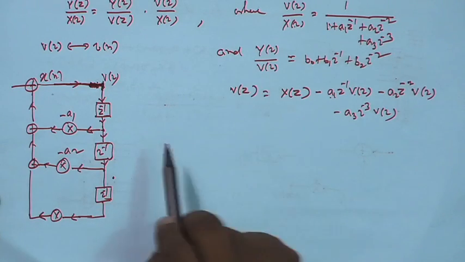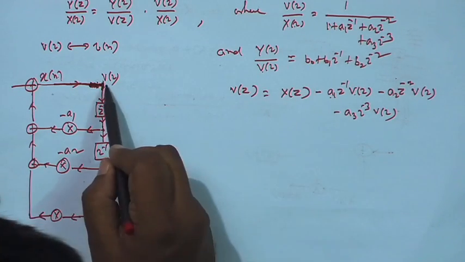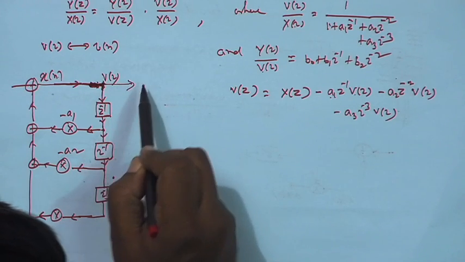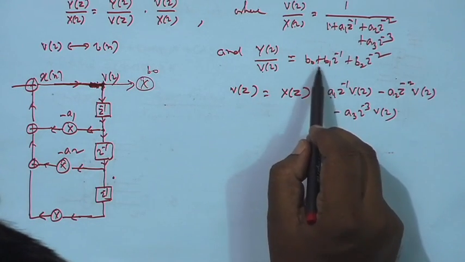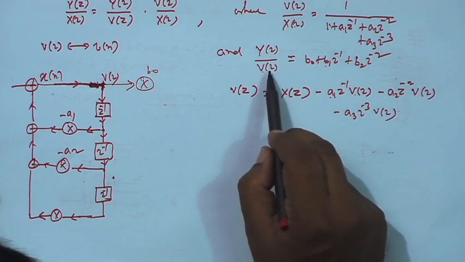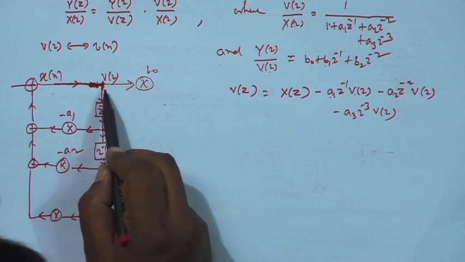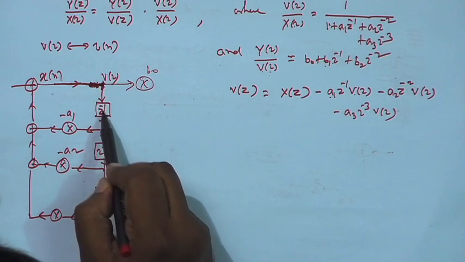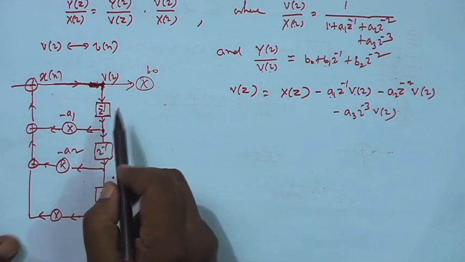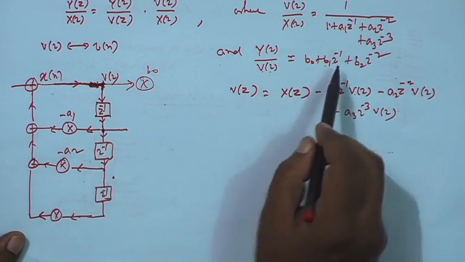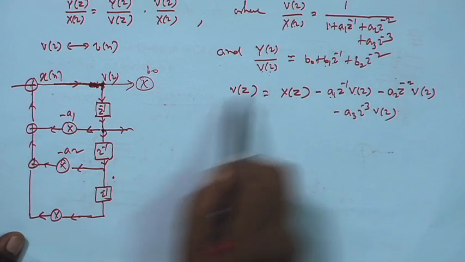Now, what is Y(z)? V(z) into B0. So, if it is V(z), this goes in this direction also, multiplied by B0 plus B1 Z inverse V(z). Now, Z inverse V(z), you see the advantage is V(z) into Z inverse. So, Z inverse V(z) is already available. I do not have to apply another delay. Okay. Just take a line out from here, multiply by B1.